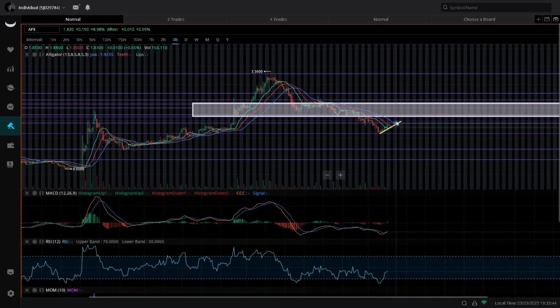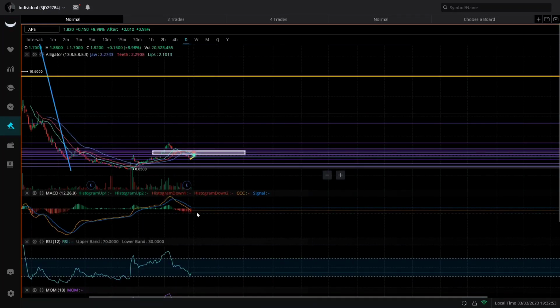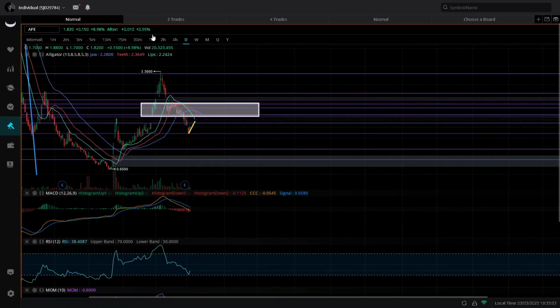It might even happen next week with this momentum that we're getting on APE stock. It's starting to go bullish here on the 4-hour, which will transfer to the daily. You can see that bearish momentum starting to end, and we're going to start transferring to the daily time frame. RSI was extremely oversold on the daily time frame, so that's how you know the bottom was coming in, and we're starting to get this bounce.